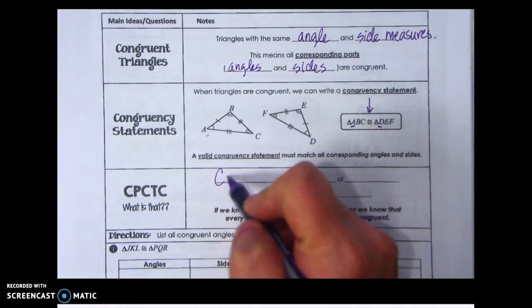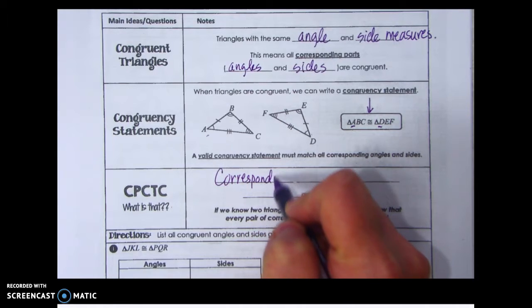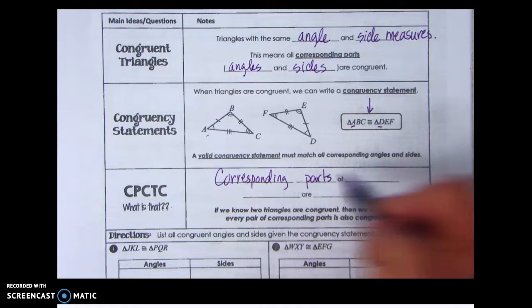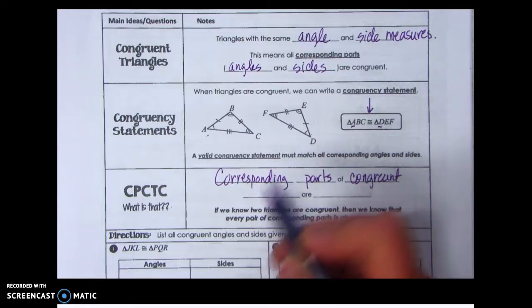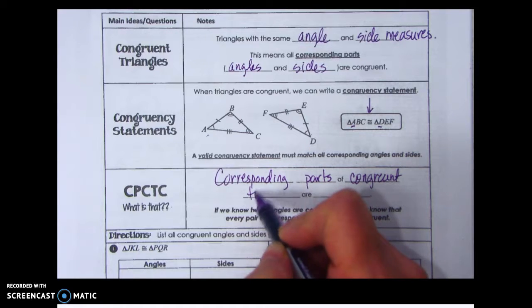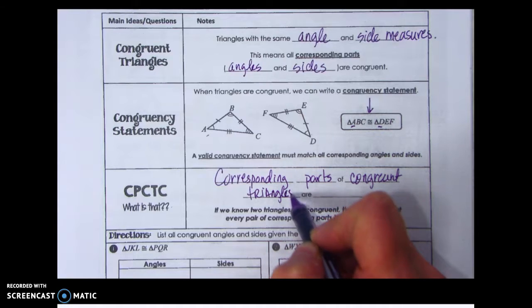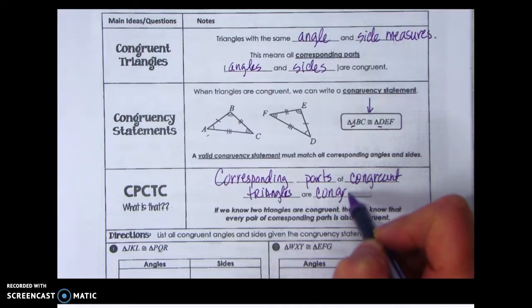So corresponding parts of congruent triangles are congruent.